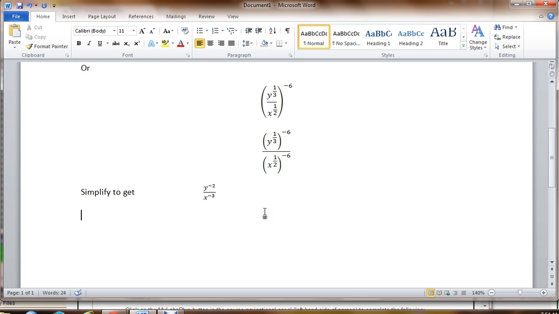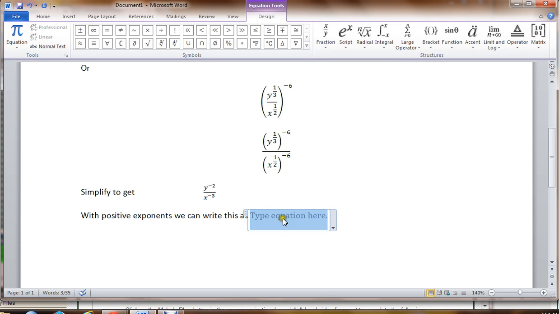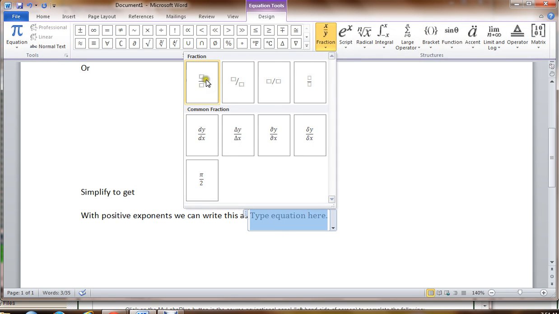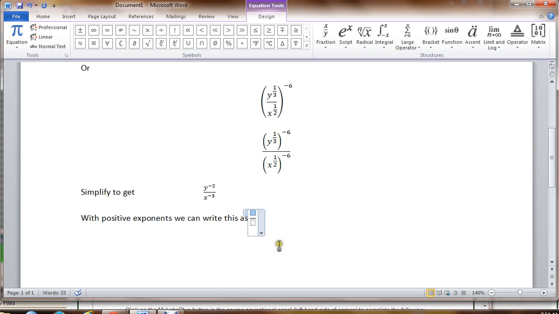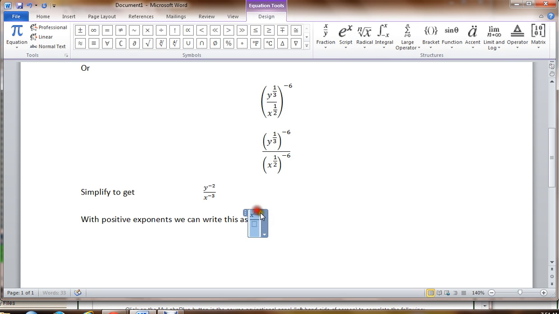So switching the sides, and this will be our last step. So just write this as a fraction. On the top we'll have x to the 3rd, and on the bottom we'll have y squared.